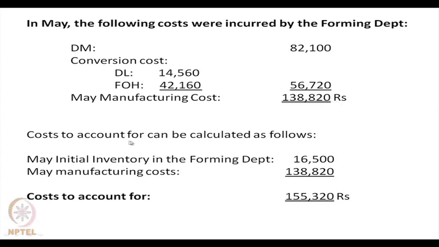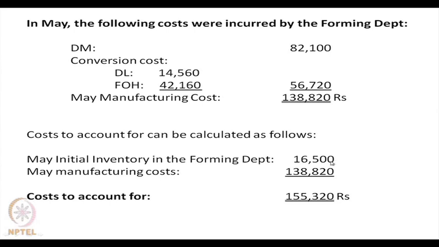Now, the costs to account for will then be not only the May cost which was incurred, which is 138,820 rupees, but also the work in process of April in the forming department, which was 16,500 rupees. So, this totals to 155,320 rupees.